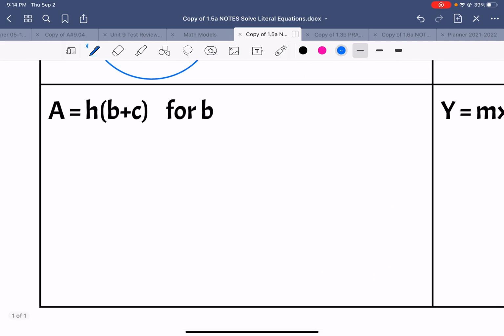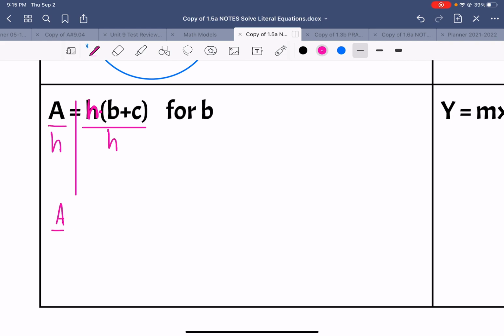All right, this one right here. Again, same thing. I have parentheses. So I must get rid of what's on the outside of my parentheses first. Okay, and it's multiplying. So I must get rid of it by dividing.